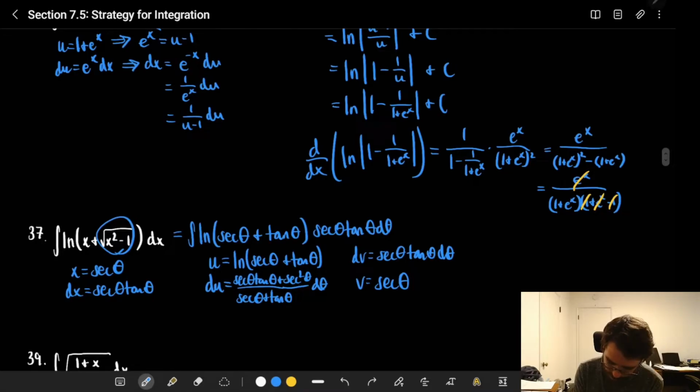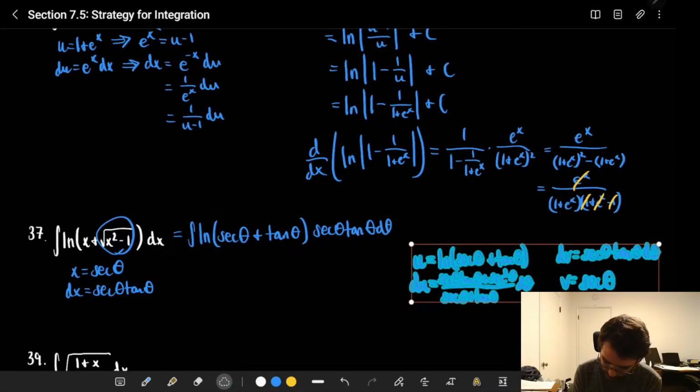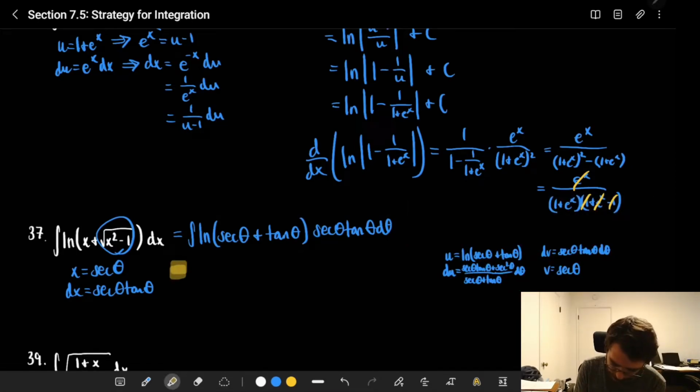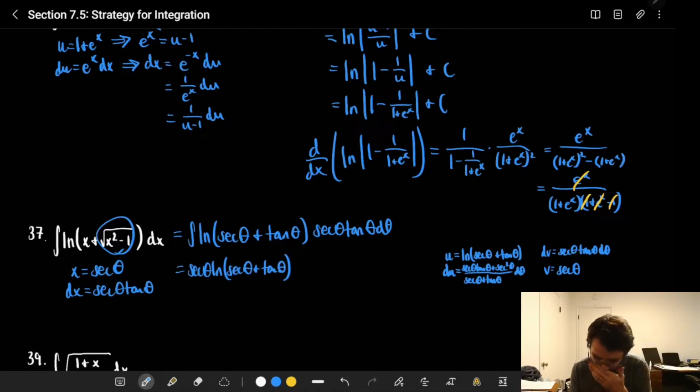So this... Let's just scoot this over here. Make it small. Apparently this would be uv. So that's secant theta natural log secant theta plus tangent theta. Sure, there's an easier way to do this.